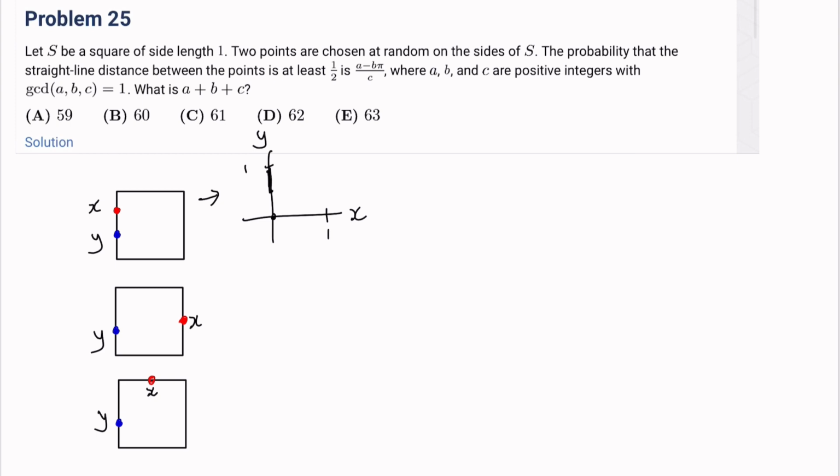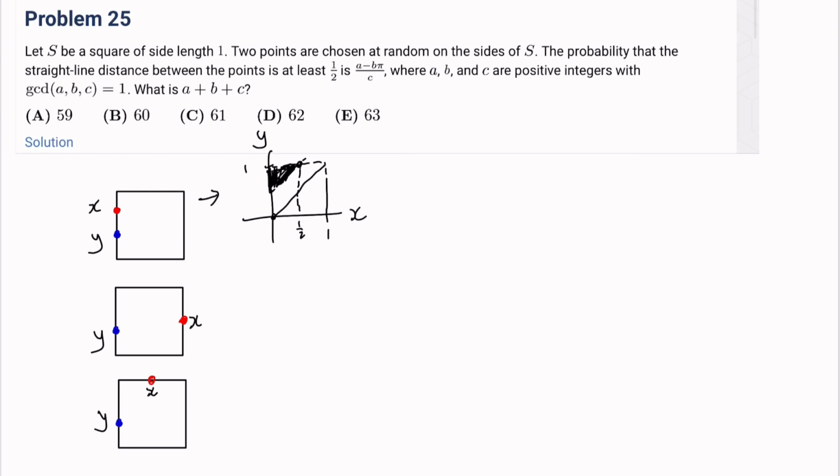And as x increases, right, then the possible y also has to increase like this, right? And so when x is 1/2, there is only that point at the far end for y to go.